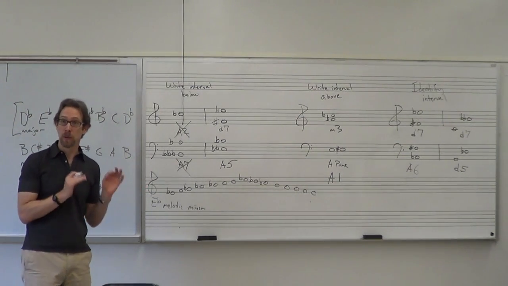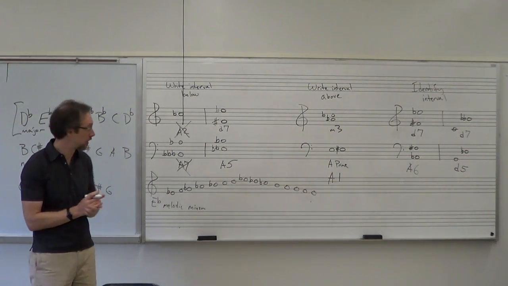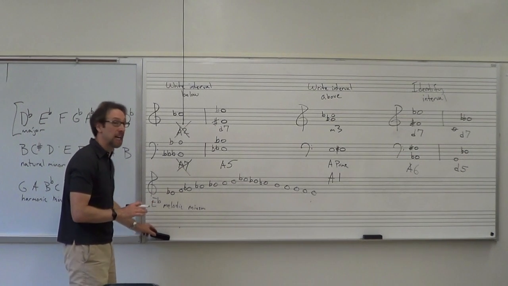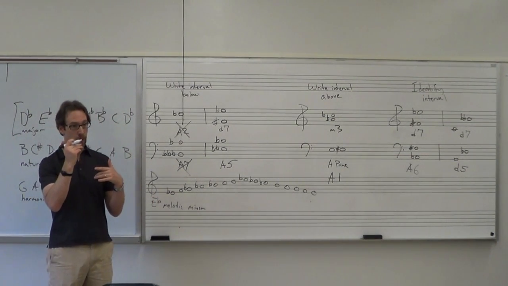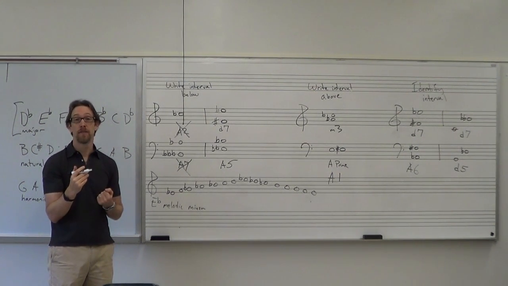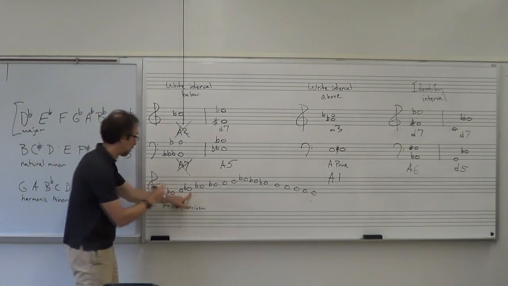If you were to be doing this with a key signature, there's a couple things that you need to keep in mind that are a little bit different. First off is identifying the appropriate key signature. When you're dealing with a minor scale, its relative major is always the third note of the scale.